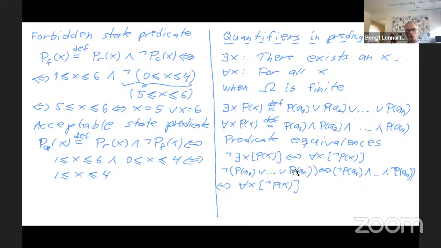And then you apply De Morgan's rule on this, and you get not P of A1, and you replace or with and, not P of A2, until and not P of AN.